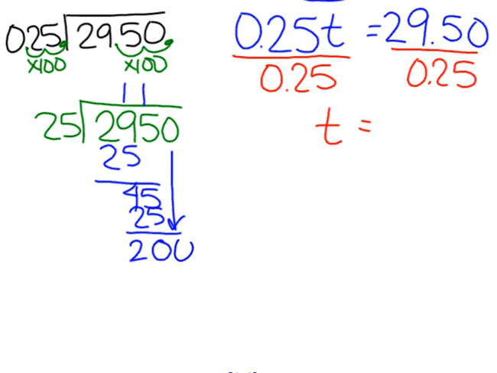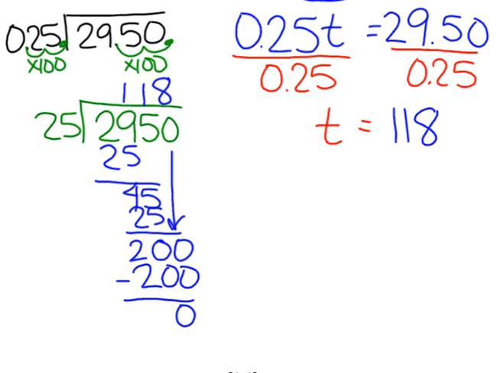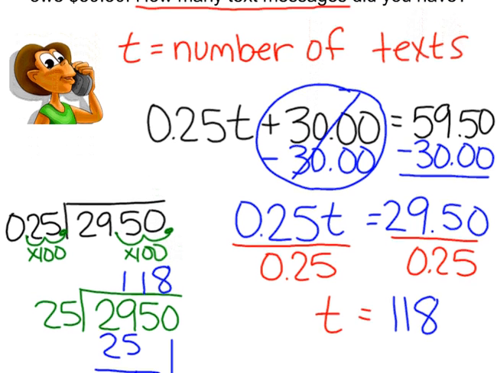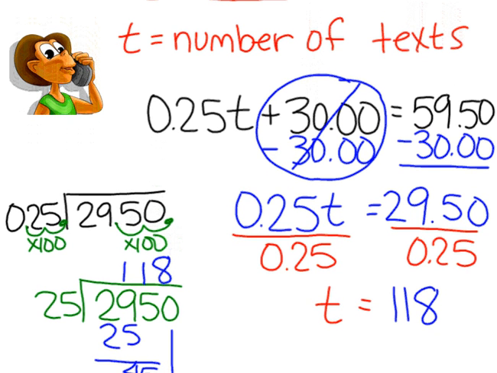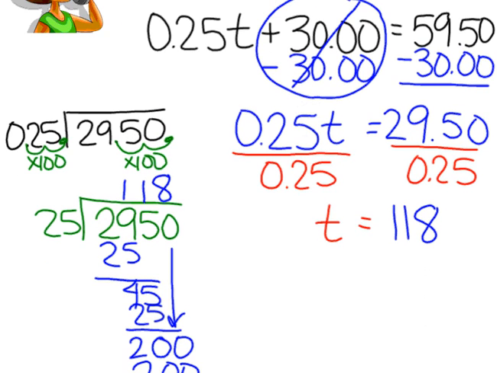And 25 goes into 200 8 times. We end up at 0, so our final answer is going to be 118. And then since t represents number of texts, I'm going to put units on. So 118 texts would be my final answer.